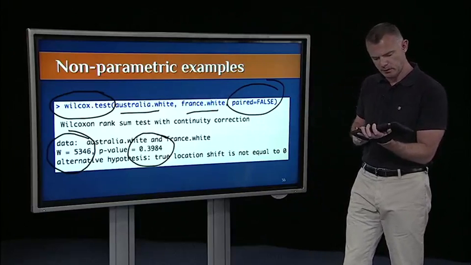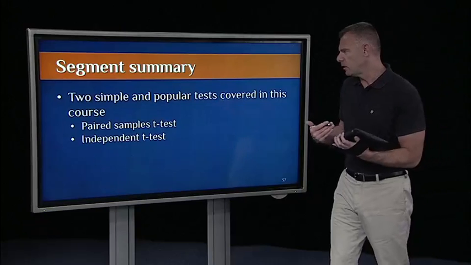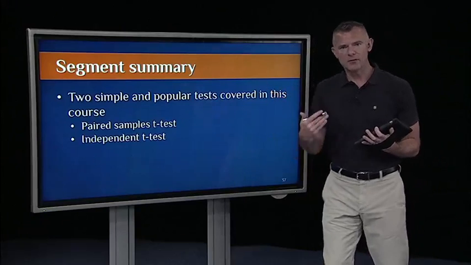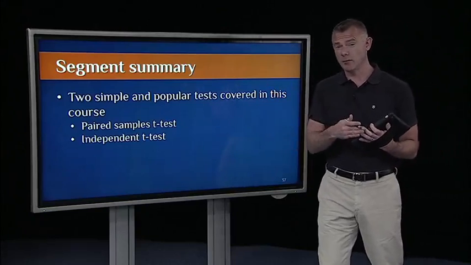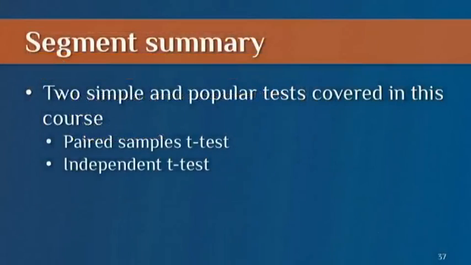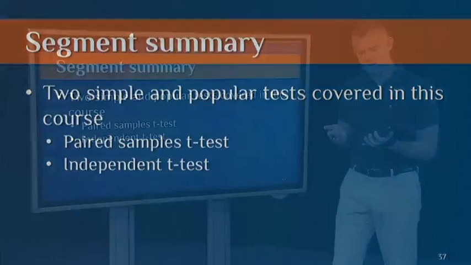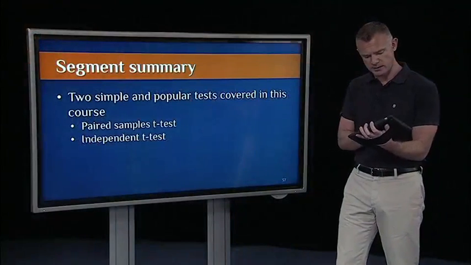Okay? So to wrap up this segment, there are lots of non-parametric procedures available to you. There are non-parametric procedures available for all the procedures that we covered in this course. Here in this lecture, I just illustrated 2 of them. 2 of the simple and popular tests that we covered are paired samples t and independent t. Those are parametric tests.